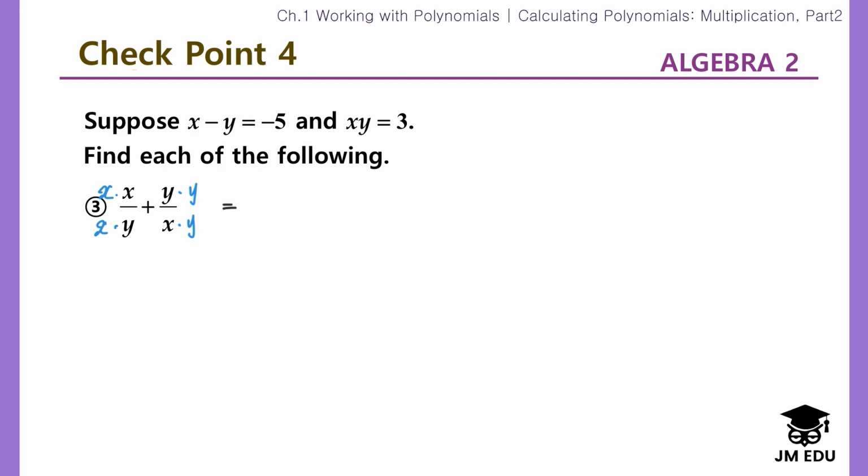So that is equal to the common denominator xy, and we have x squared plus y squared. And x squared plus y squared was equal to 31 from problem 1, right? So this is equal to 31 over xy, which is 3. So that's our answer, 31 over 3.